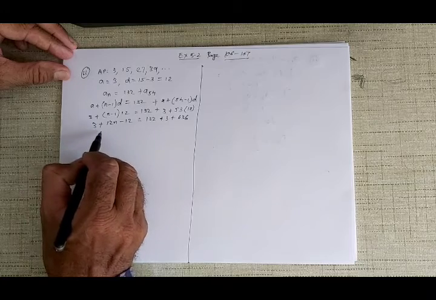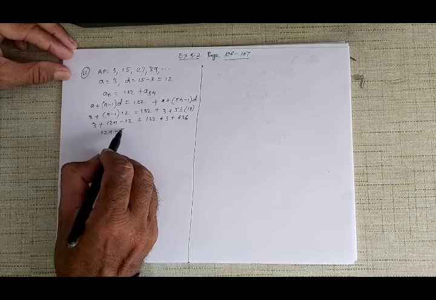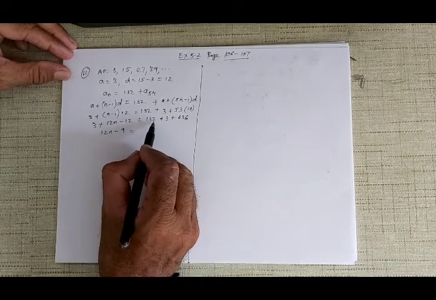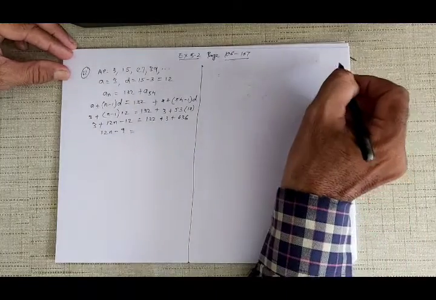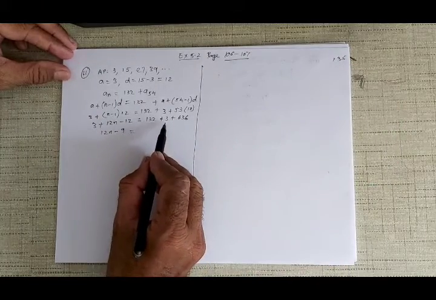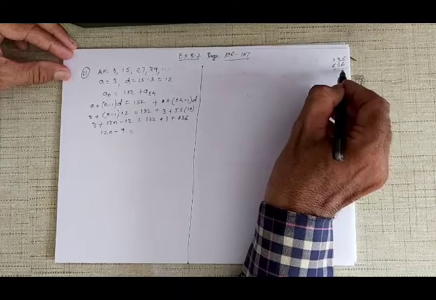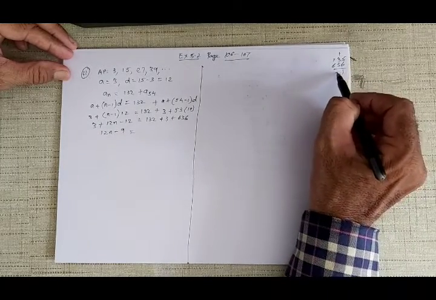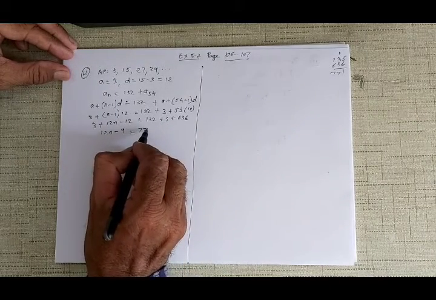Again keep simplifying. 12n, 12 minus 3 would be minus 9. 132 plus 636 is 771.